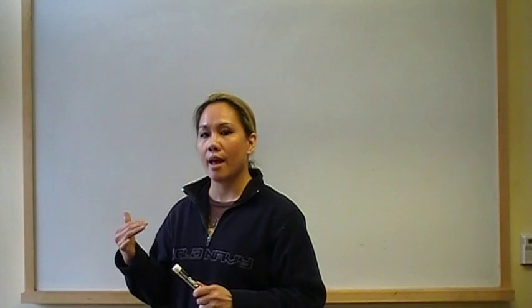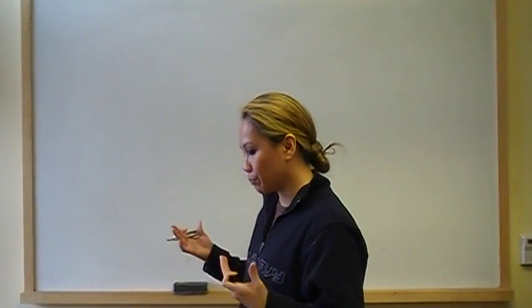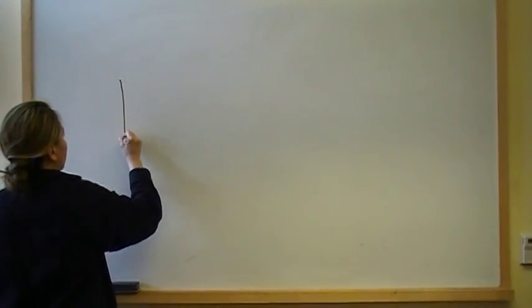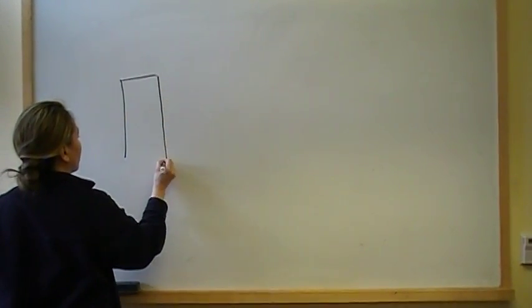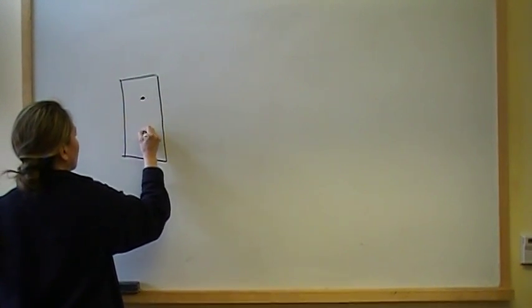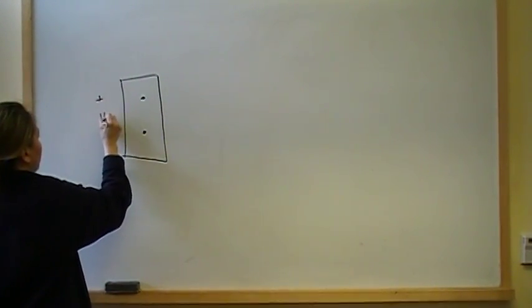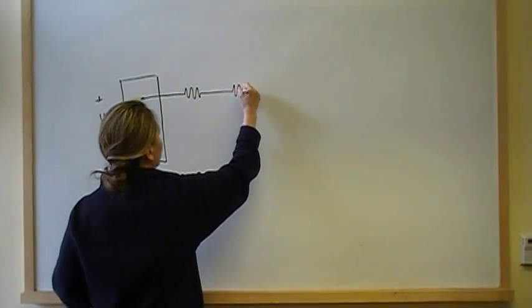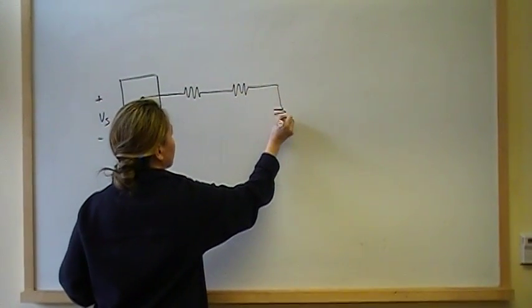how you derive current division and voltage division. So, voltage division. You start with some black box with an unknown voltage in it. We have some voltage source, and it's connected to resistors that are in series.